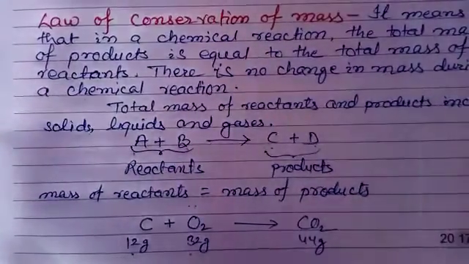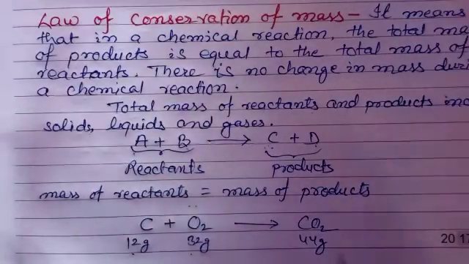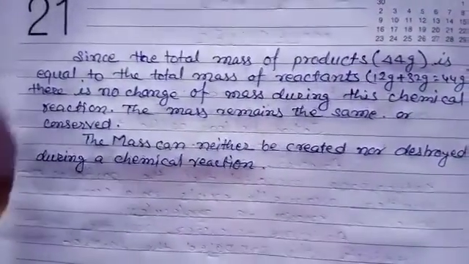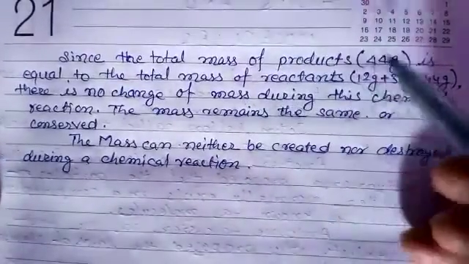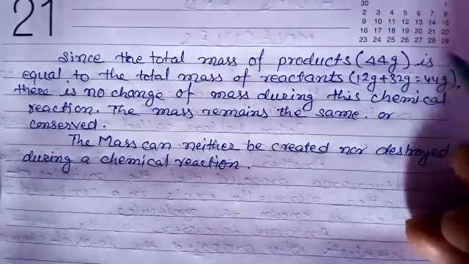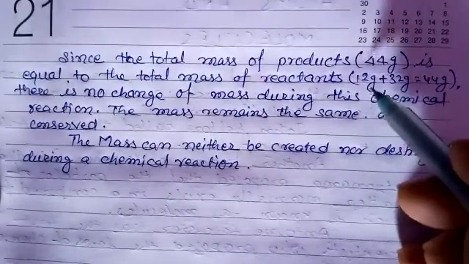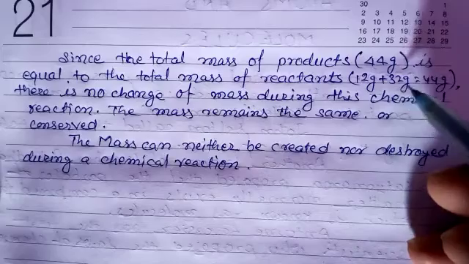So students, from this we conclude that the mass of the reactants is always equal to the mass of the products. The total mass of the product, carbon dioxide, is 44 gram, and that is equal to the total mass of the reactants. Here the reactants are carbon, whose mass is 12 gram, and oxygen, whose mass is 32 gram.